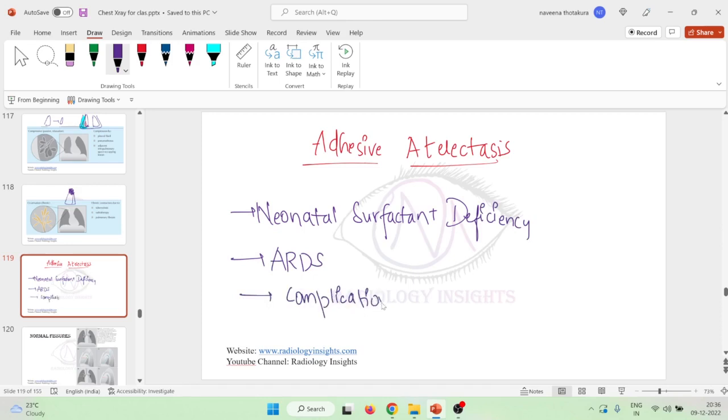All these will result in adhesive atelectasis. So these are the different types of atelectasis.